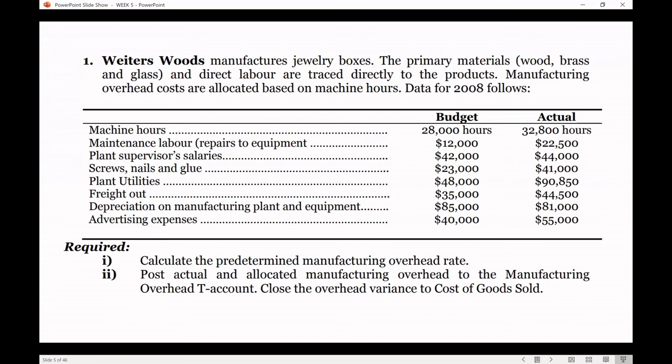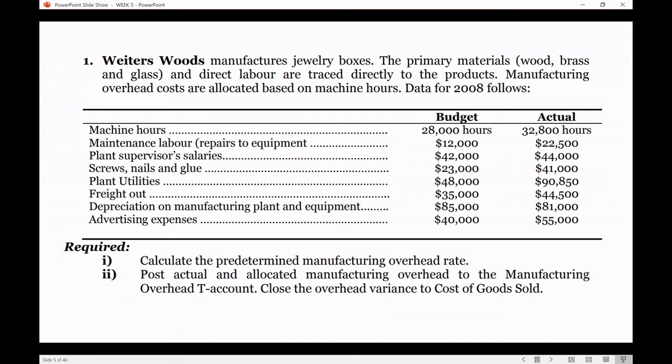So what is required of us? One, calculate the predetermined manufacturing overhead, or OAR. It's another name for overhead absorption rate. And two, post actual and allocated manufacturing overhead to the manufacturing overhead T account.